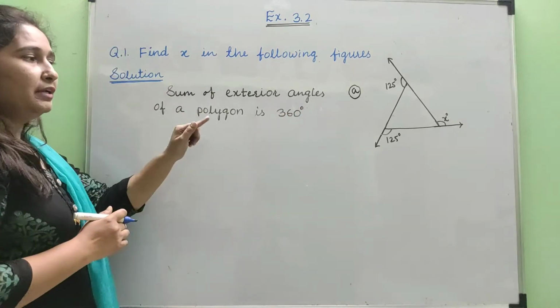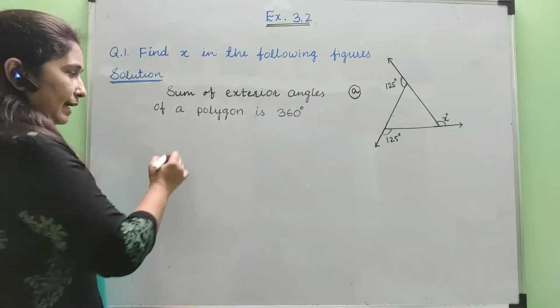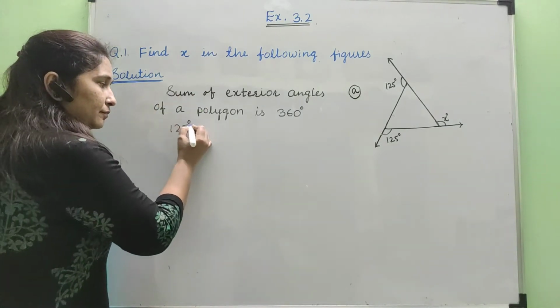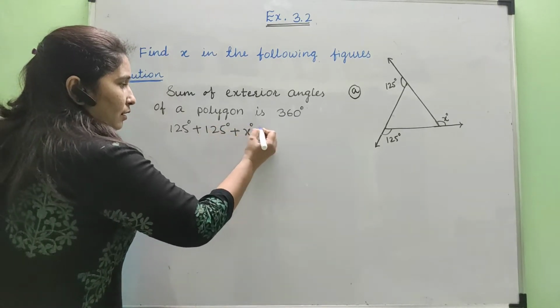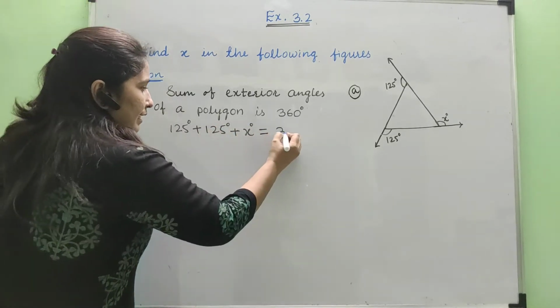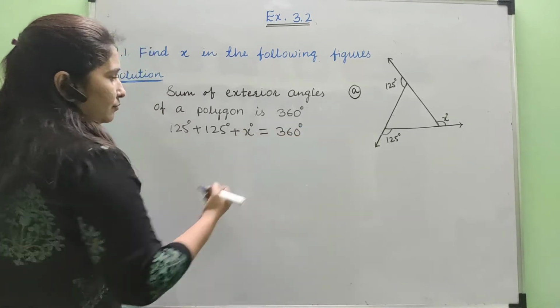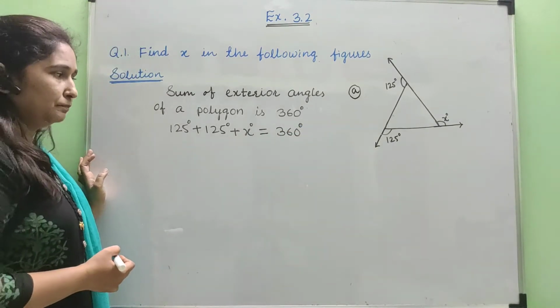So 125 plus 125 plus x, these are the exterior angles and sum of these exterior angles will be 360 degree.